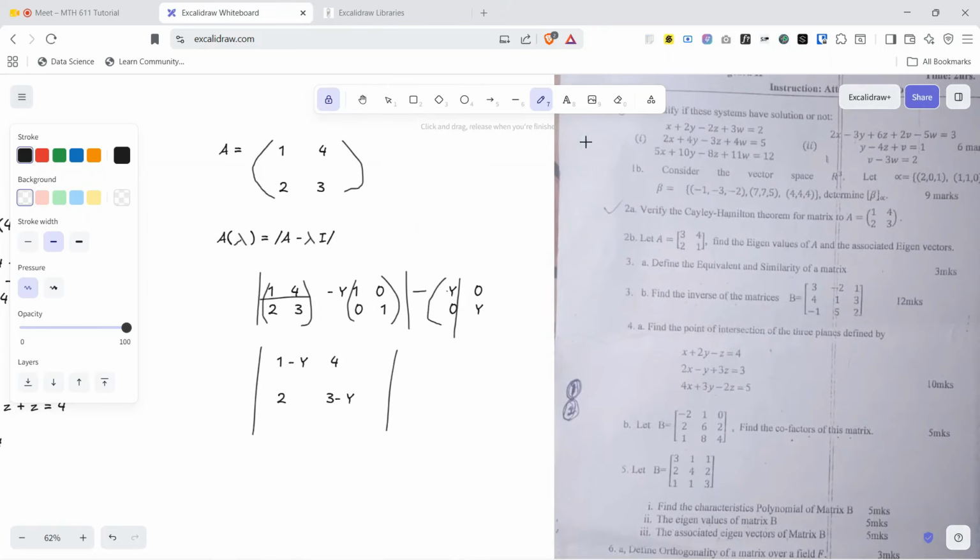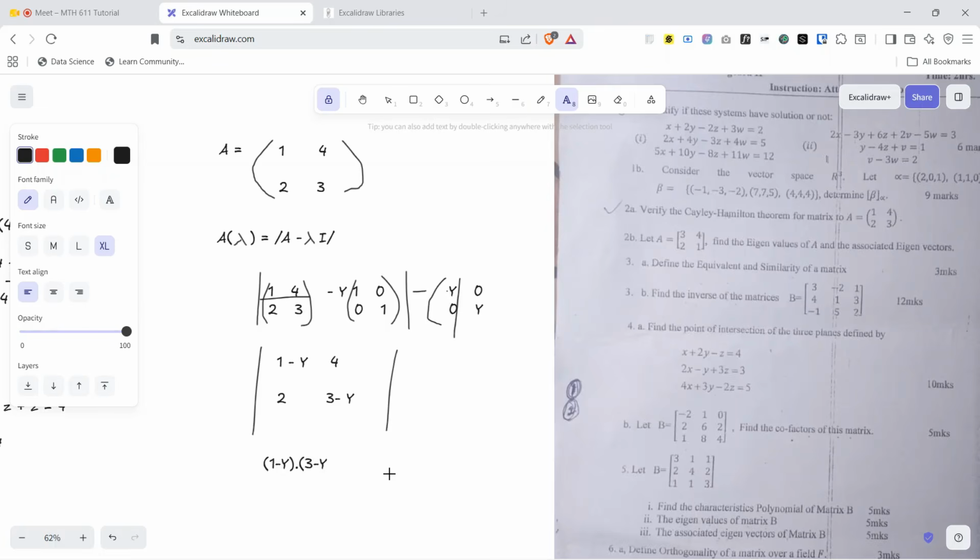So we are going to multiply 1 minus lambda dot 3 minus lambda, minus 2 times 4. That will be minus 8.